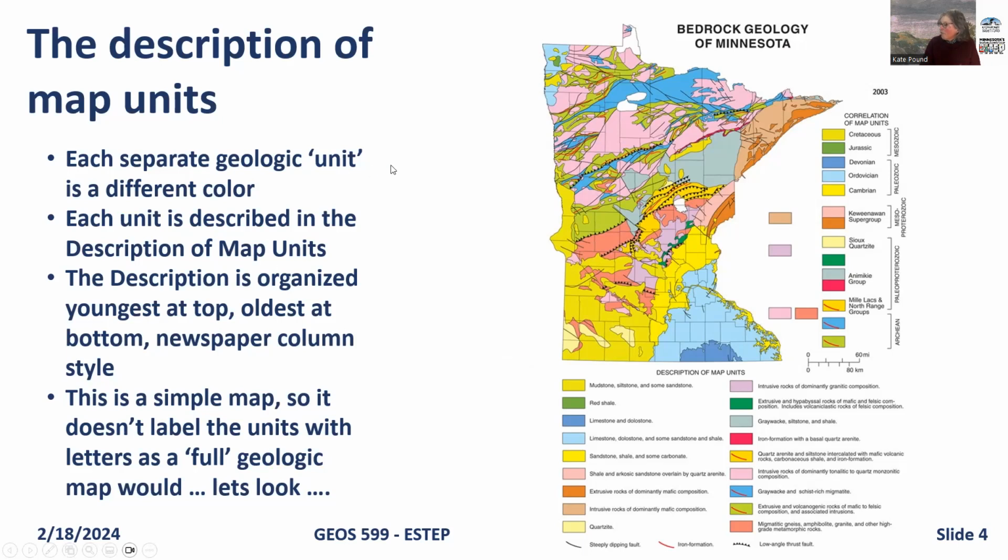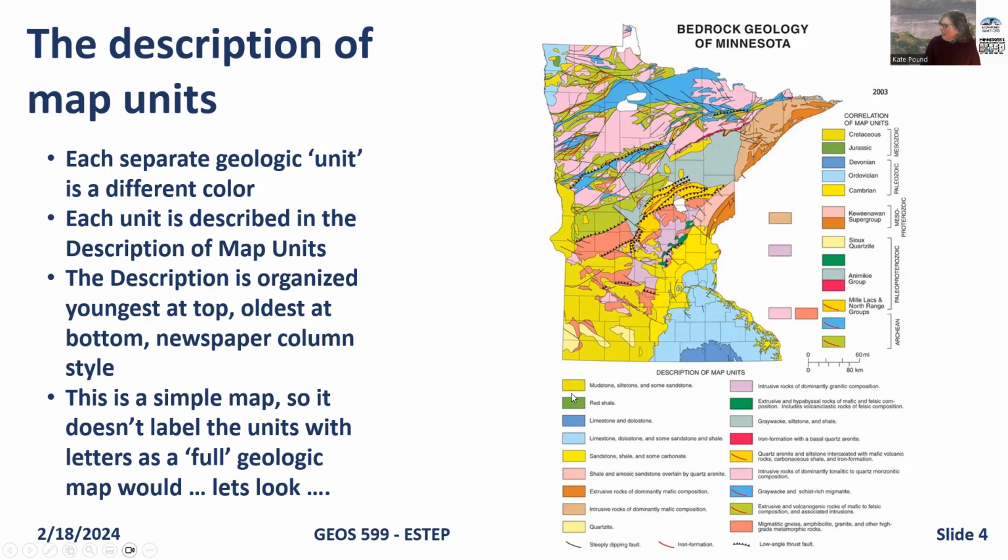But each of the units is a different color, and that usually ties in to the rock type. So here, if we see this green color, we know it is red shale.